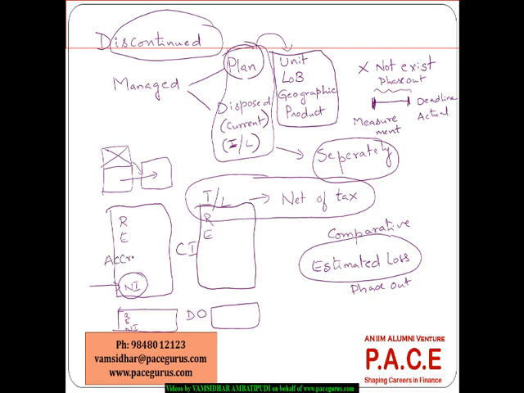So the whole loss is not spread out during the phase out period. The loss has to be accrued right from the measurement date itself.